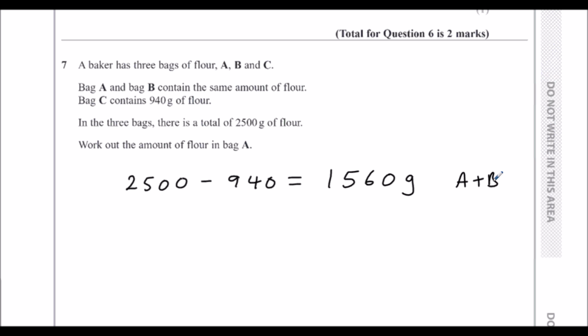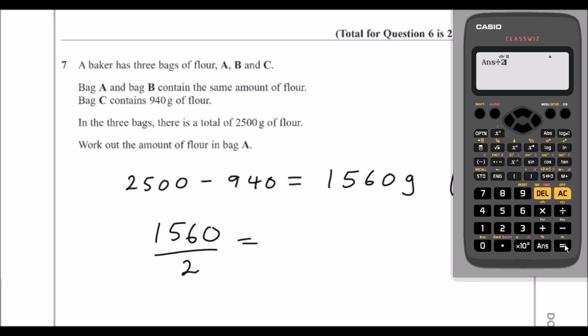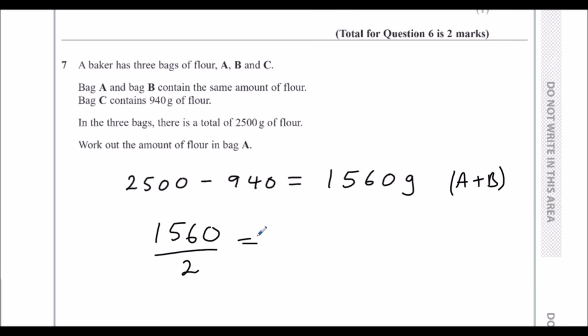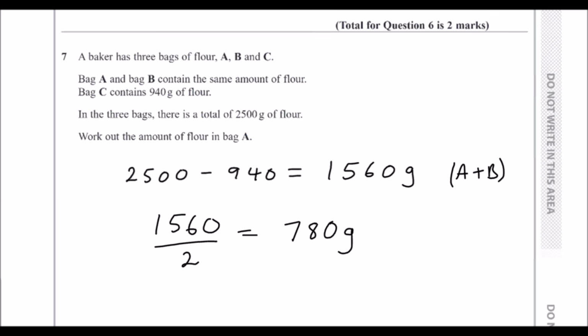That's A and B, and they contain the same amount. So if we divide by 2, half of 1,560, that will tell us how much is in each bag. So that's 780 grams. So 780 grams in each bag A and B.